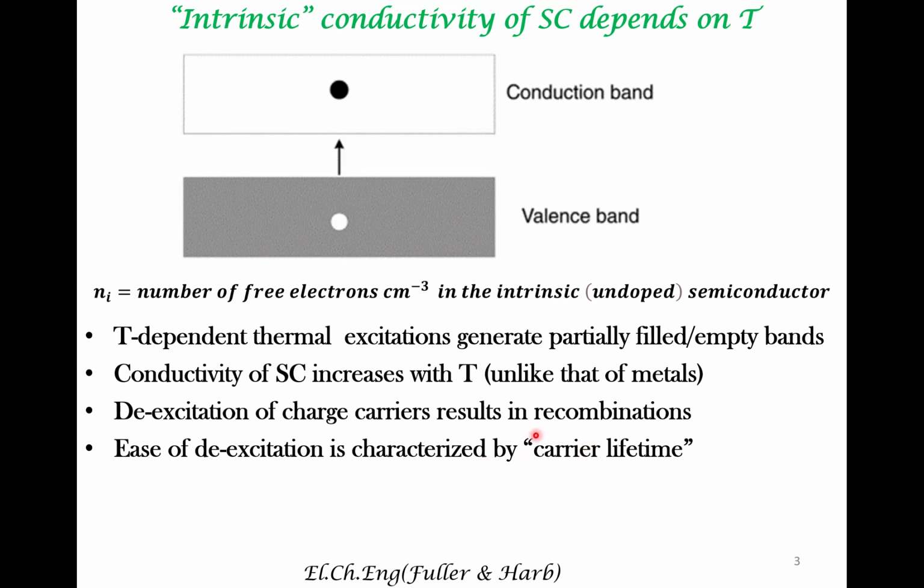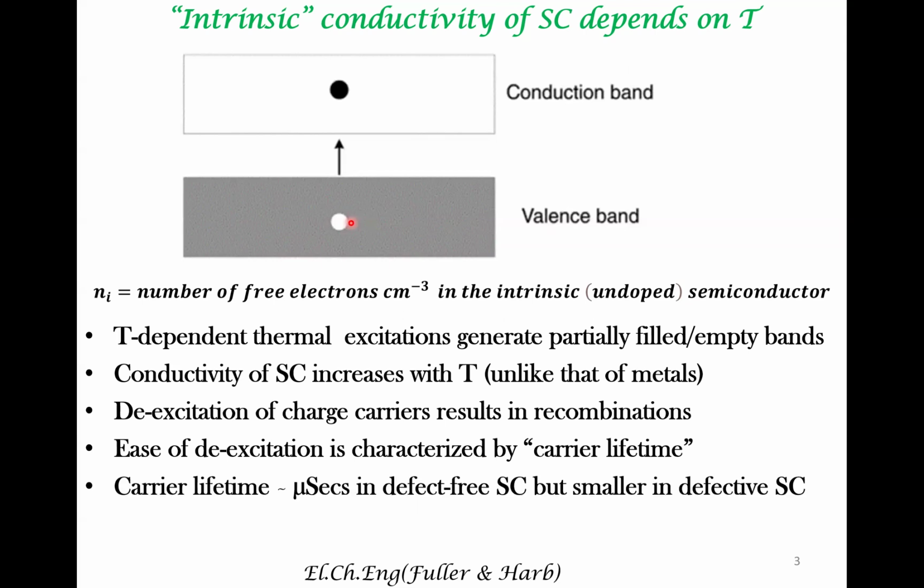So if the carrier lifetime is large, what it means is that the excitation can be stabilized for a longer time scale. That is good because these free electrons and holes are available for electronic conduction.